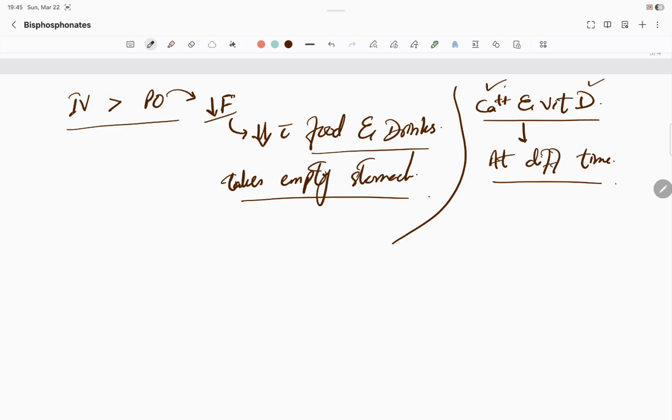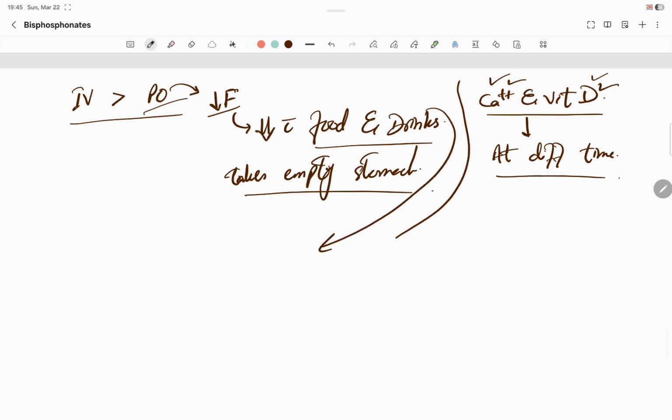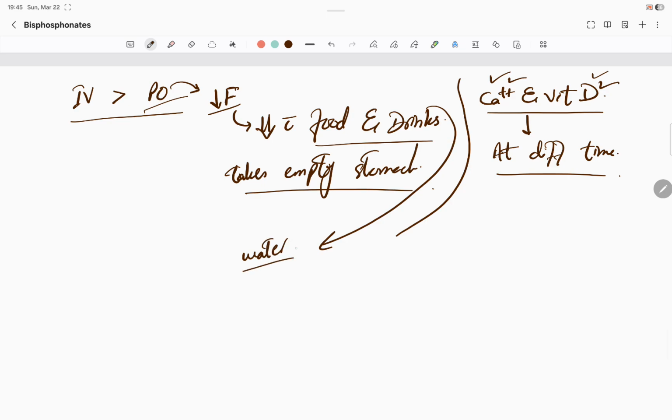Because if the patient takes calcium and vitamin D with any of the oral medicine, it will lead to reduced absorption of the drug, and hence it will reduce the effectiveness of the bisphosphonate that is taken orally, right? But there is one drink that can be used as a diluent, that is water. So with water, absorption is not affected.